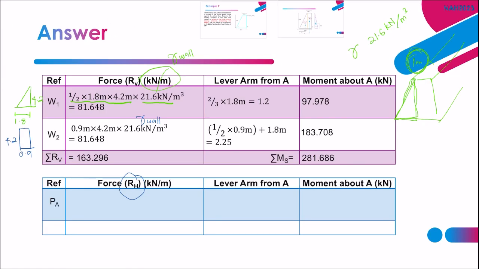I write here PA, which is the active lateral thrust or active lateral pressure. Why active? Because they actively try to overturn the retaining wall. So any forces that try to overturn the retaining wall, we call it active lateral pressure, PA. Okay, so half times, as I wrote earlier, unit weight of water times H power of 2.